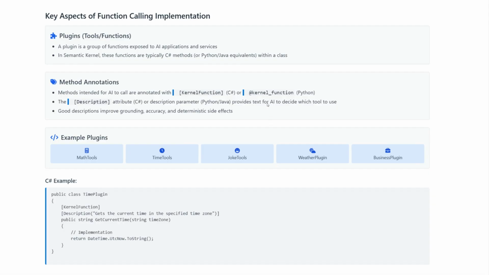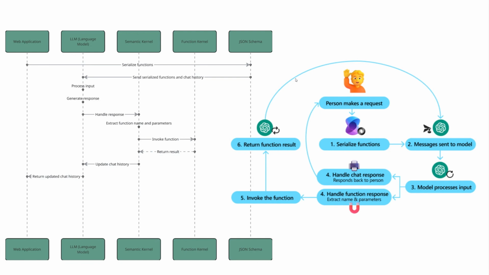Okay, but how does automatic function calling work? The process is a loop that repeats until the model returns a final chat message. First, Semantic Kernel serializes all the available functions into a JSON schema, which is sent to the LLM.